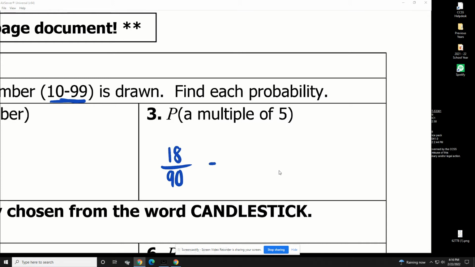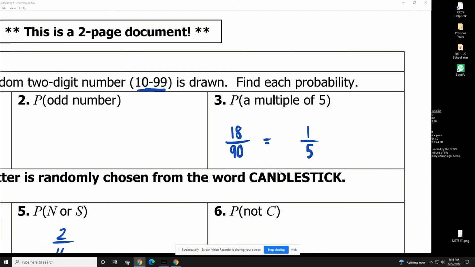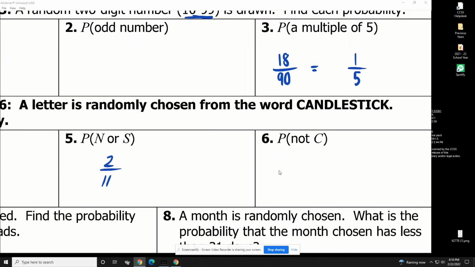But here's how you can really know whether you did this right. If I were to simplify 18 over 90, that's 1 out of 5. Now, that should make sense, because if you're doing a multiple of 5 with just a group of numbers like this, 1 out of every 5 is going to be a multiple of 5. So I think that makes sense if you really think about it. So that was number 3.